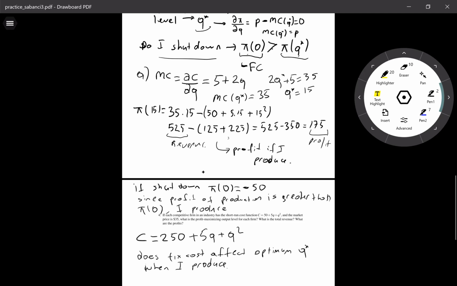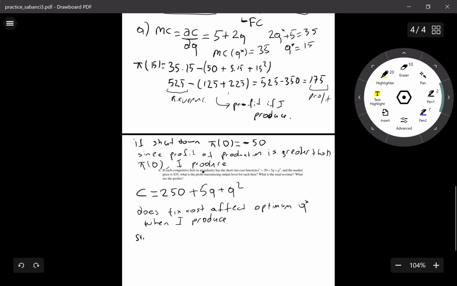So does fixed cost affect the marginal cost? No. Since fixed cost does not affect marginal cost, Q star stays the same.